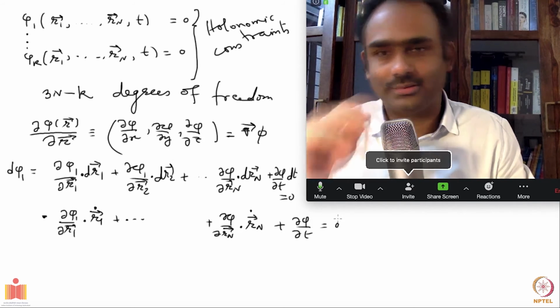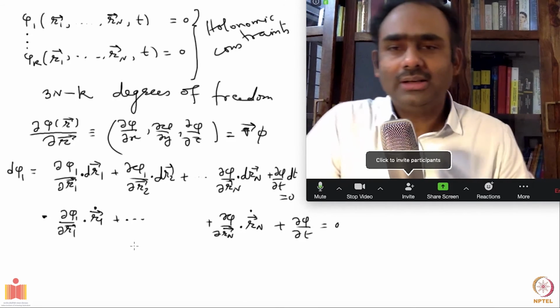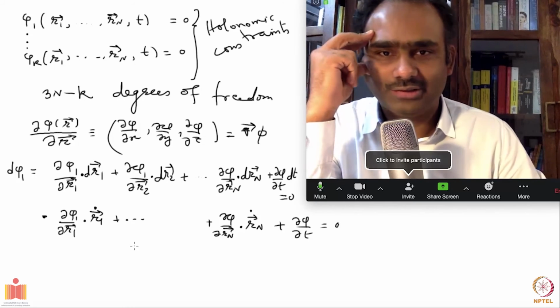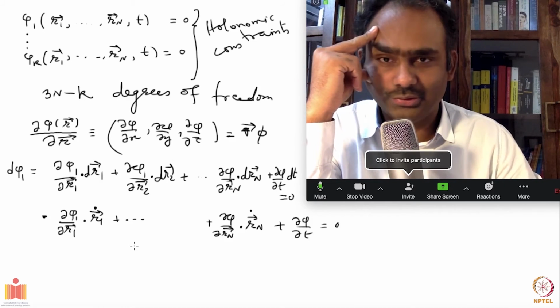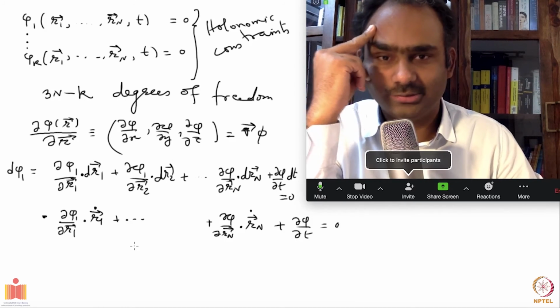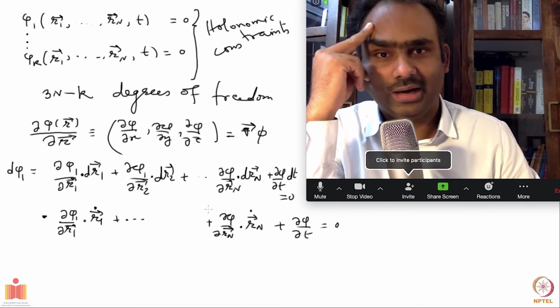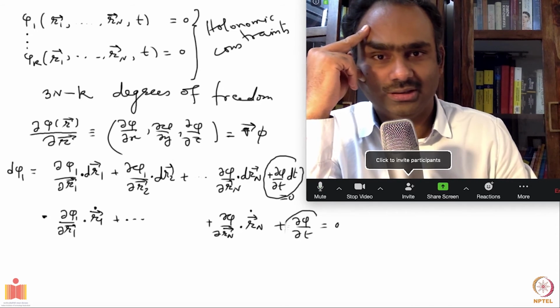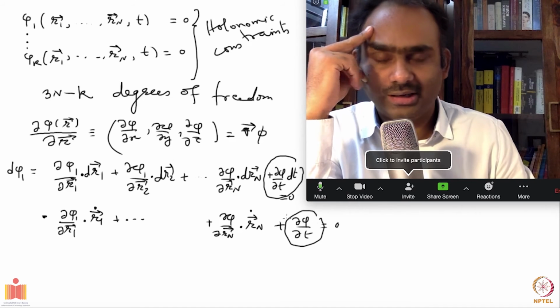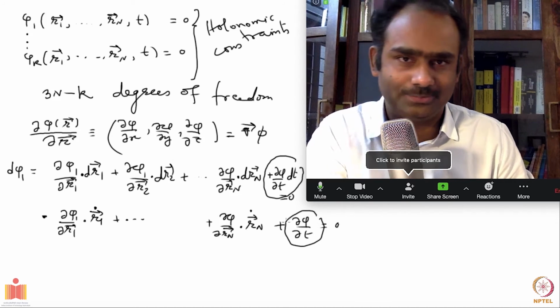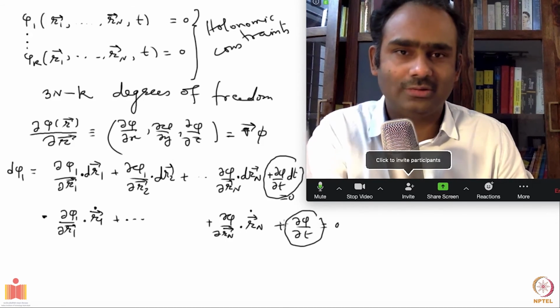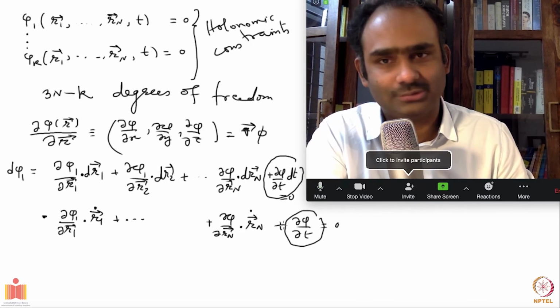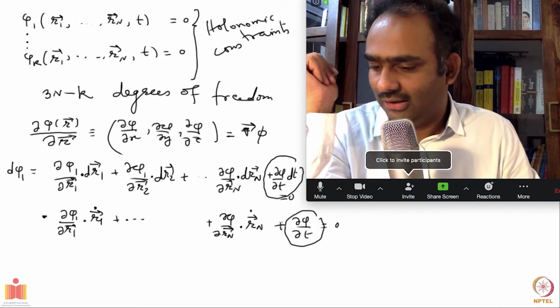This is equal to 0. Okay, so that's fine. But if I want to turn these into virtual displacements and virtual velocities, I will just drop this term. You remember, this is what we talked about last time. So these two you drop, and your relation will become the constraint which virtual velocities and virtual displacements should satisfy. Okay, that's one thing.